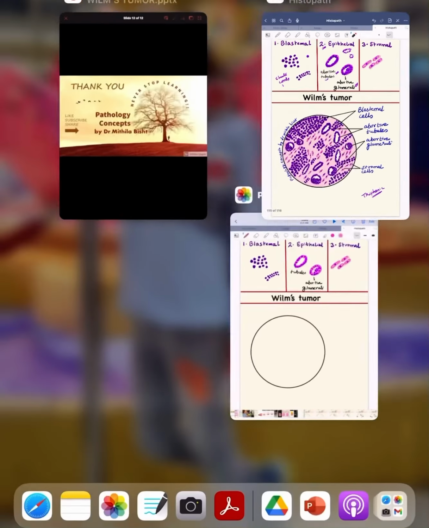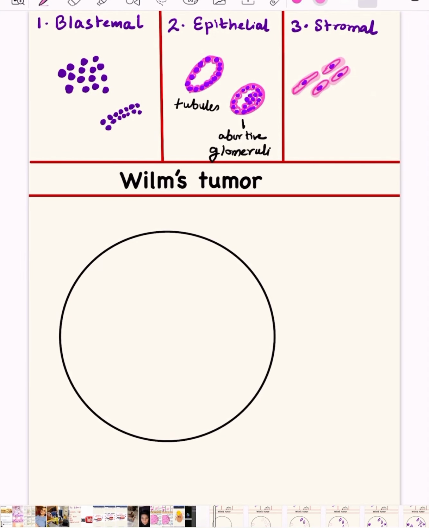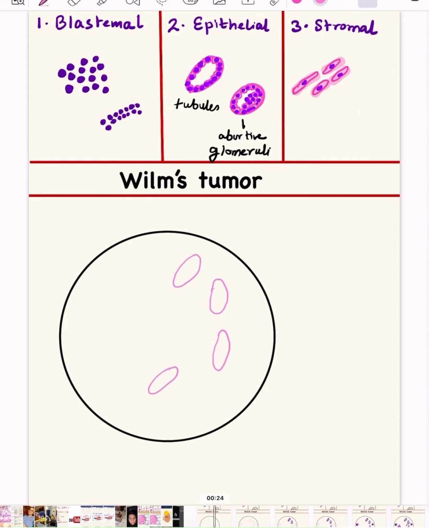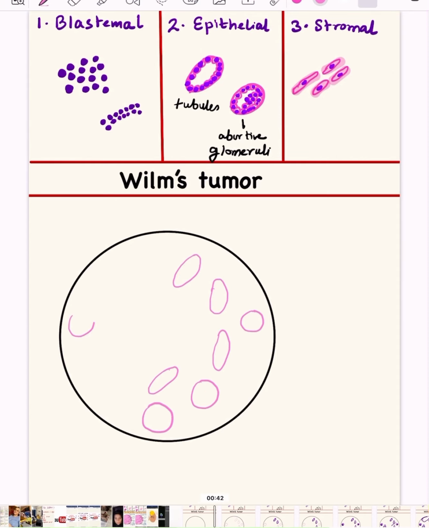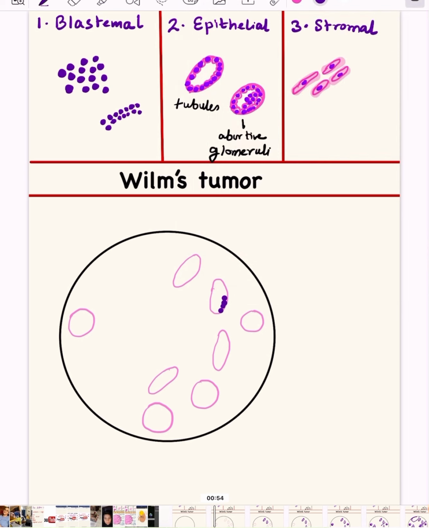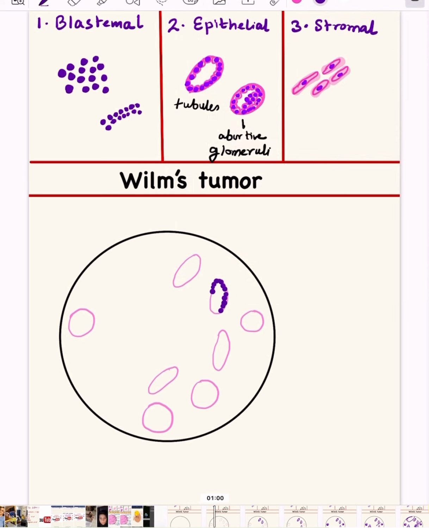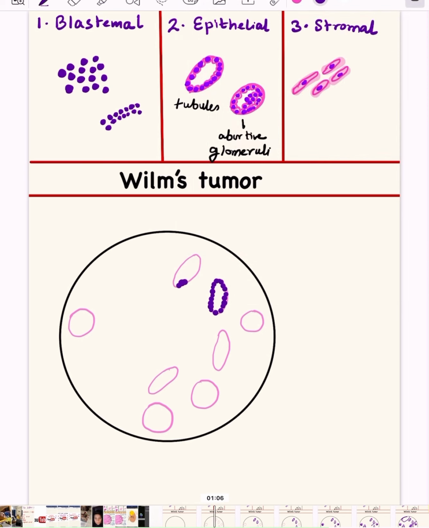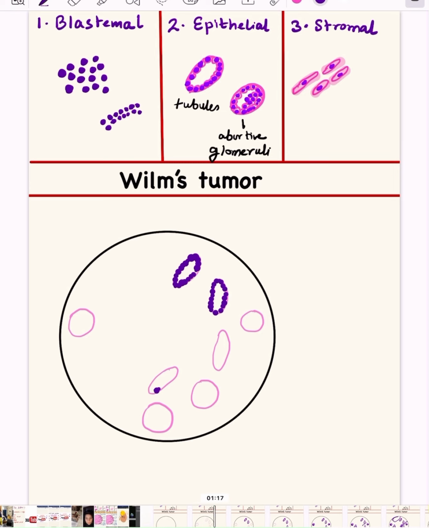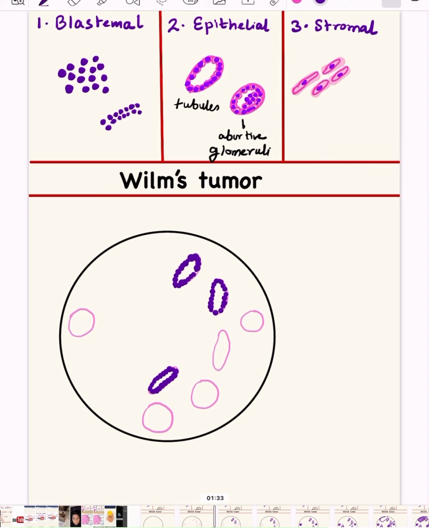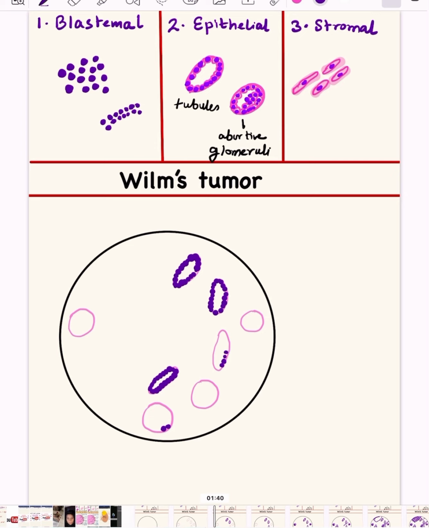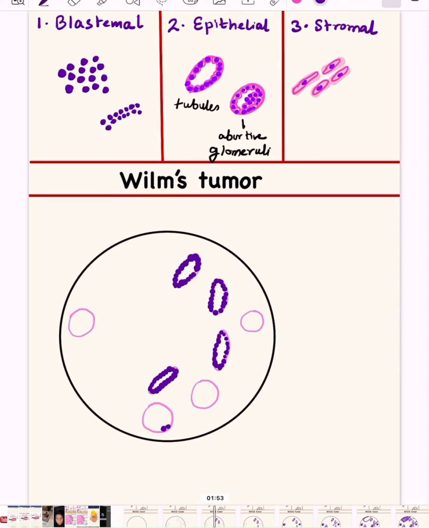Now let's have a look at how this diagram is made. Keeping all these three elements in mind, we start. First we make the various tubules, abortive tubules and glomeruli-like structures. For tubules, we make this rounded structure with a lumen in the center, and we make the nuclei, which are dark purple in color, with scanty cytoplasm.